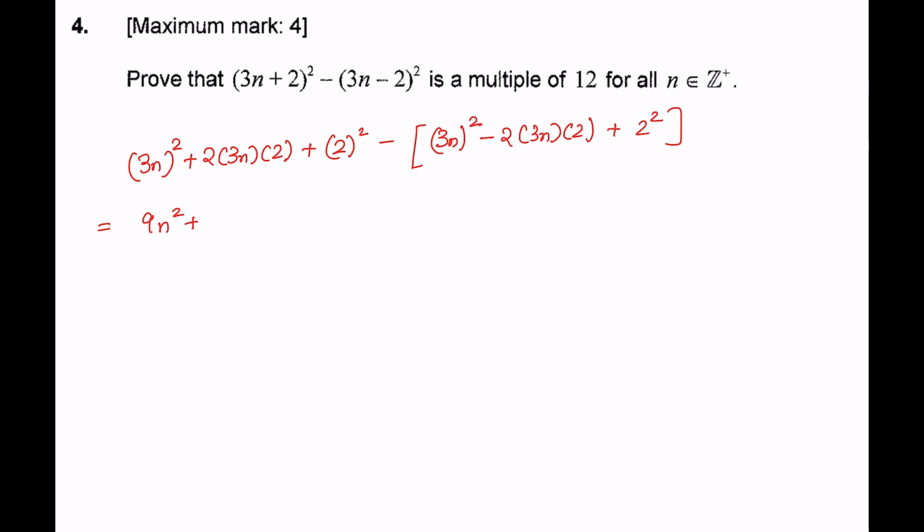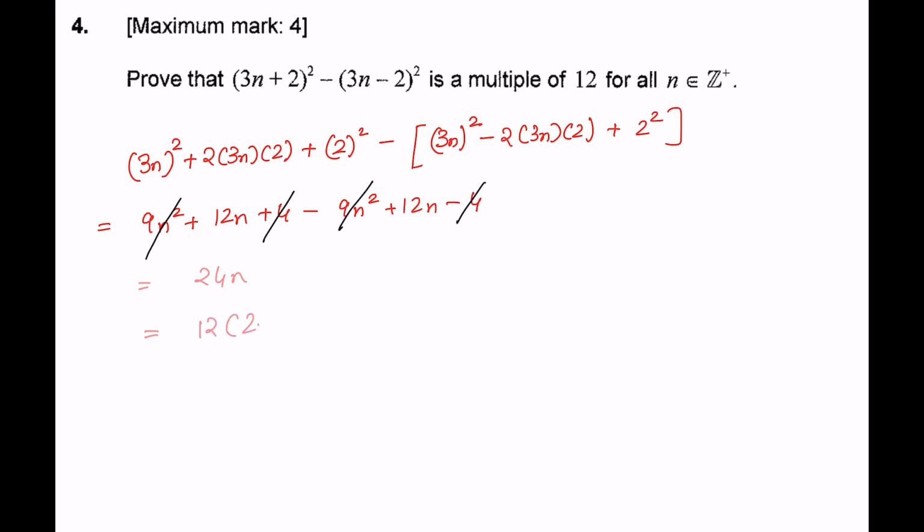So 9n squared plus 12n plus 4 minus 9n squared plus 12n minus 4. I can see that 9n squared and 4 will get cancelled and we'll get 24n, right?